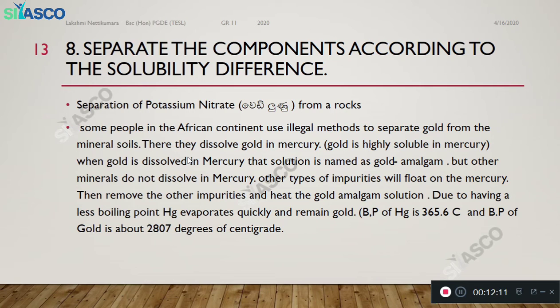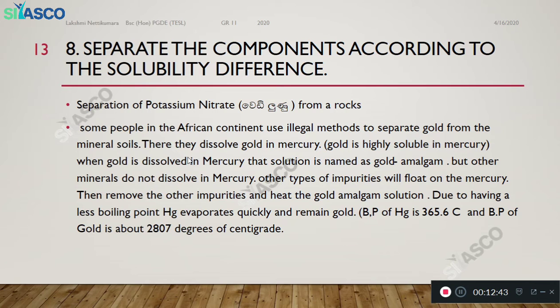The last method is the separation according to the solubility differences. Have you ever heard that Sri Lankans produced gunpowder during ancient times, especially in the Kandyan era? Yes. During that period, our ancestors produced this gunpowder or potassium nitrate, normally we call it vedilunu, in different methods.